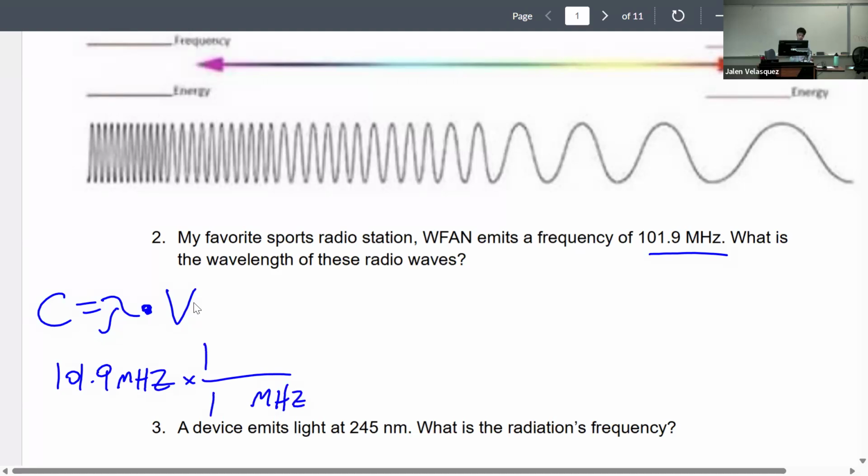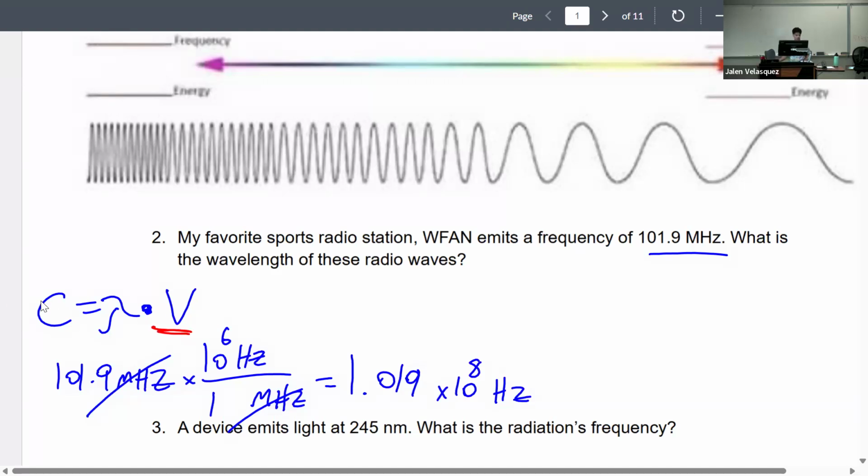So 1 megahertz is 10 to the 6 hertz. Your megahertz cancel. You will get 1.019 times 10 to the 8 hertz, right? So now that we have nu in its proper unit, we can do our math.